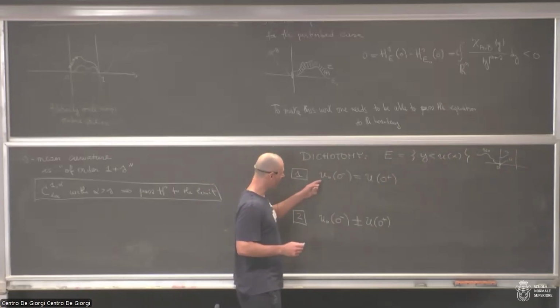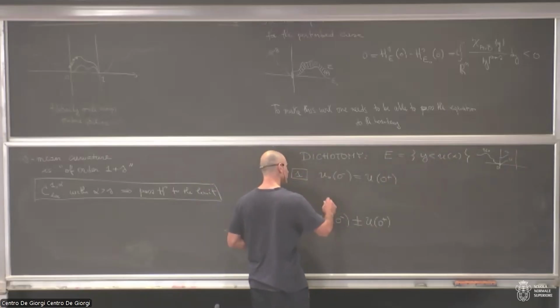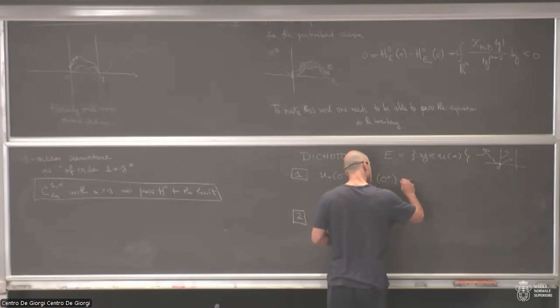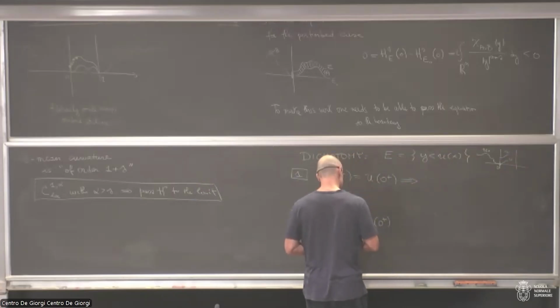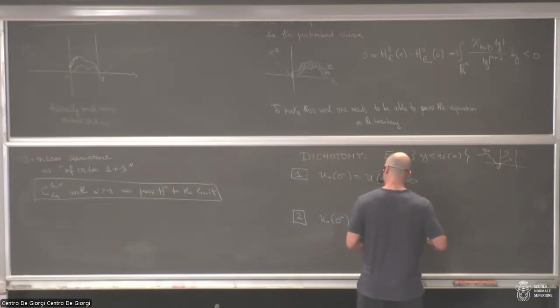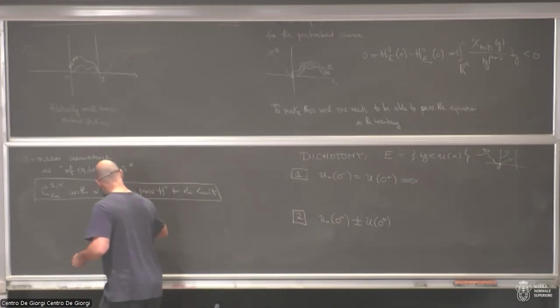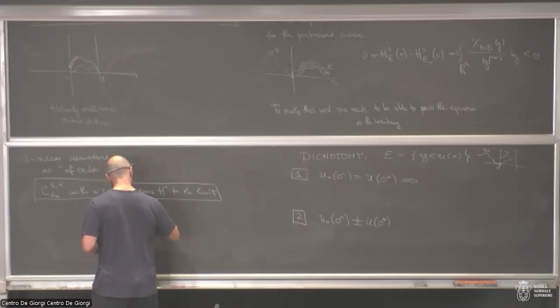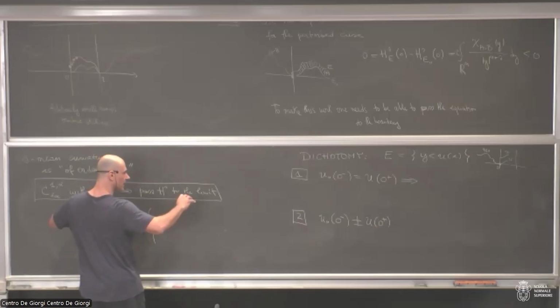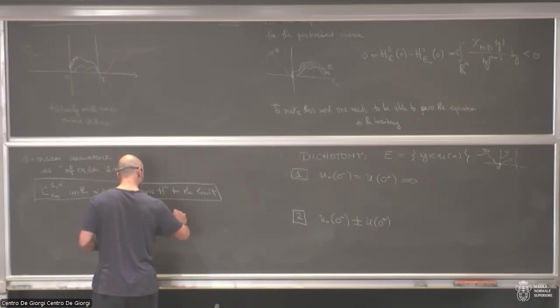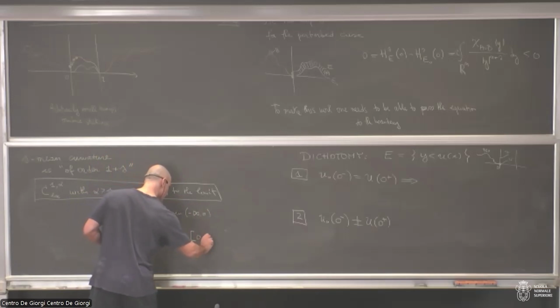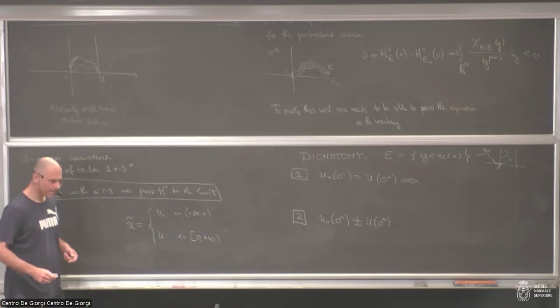But if you have this situation, so if you have continuity, then let me also call u tilde the total graph. So u0 in minus infinity to 0 and u in 0 to plus infinity.